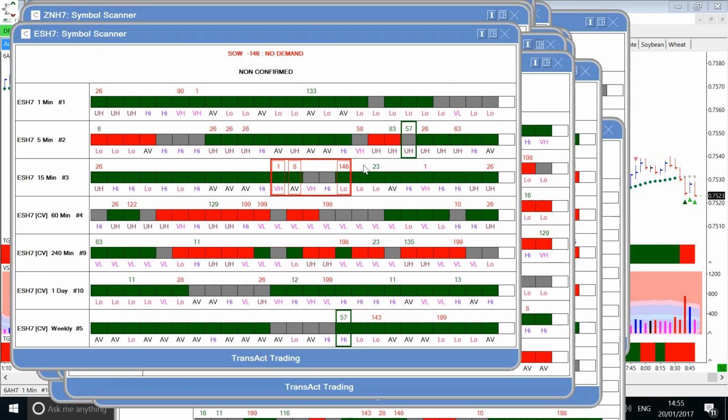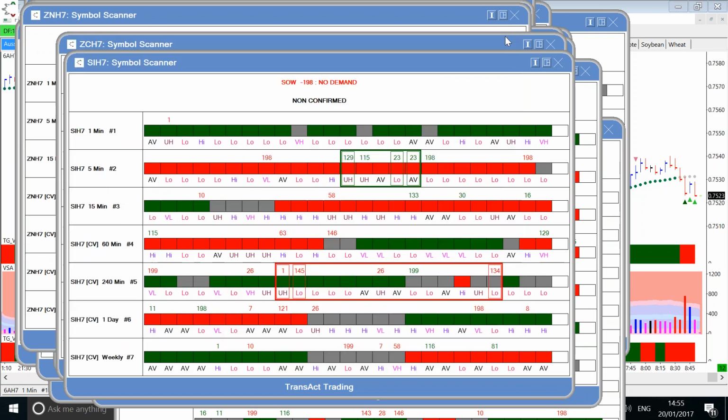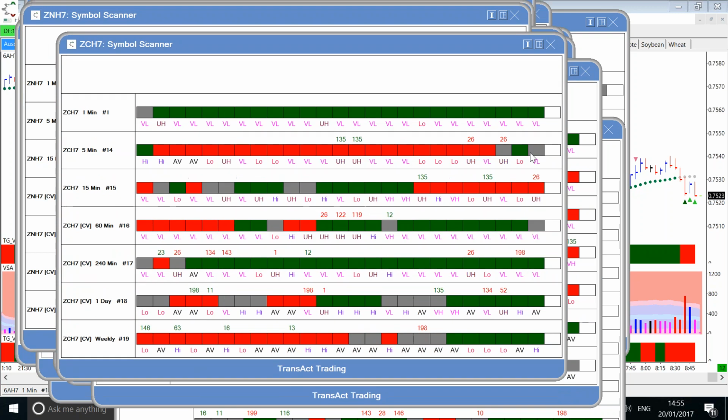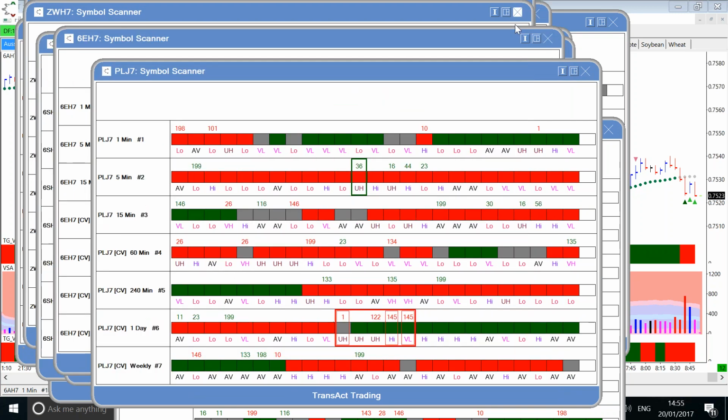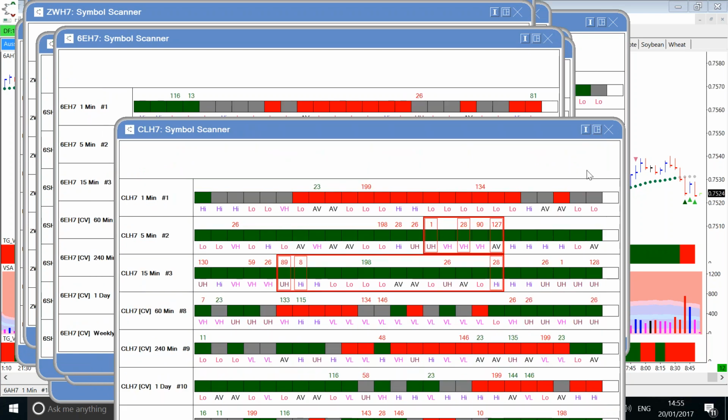ES. Difficult. You've got a downward move here, an upward move here. It's a bit congested at the moment. Nothing much I'd do there. Silver, again mixed messages. Palladium, mixed messages.